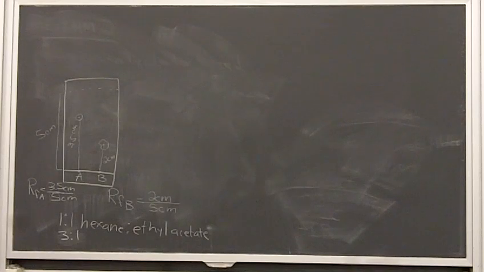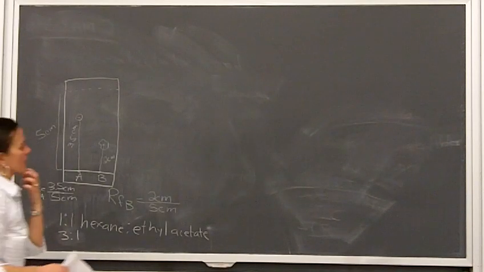So for this week, we'll have a product standard, a starting material standard, and your reaction, and you're using 1-to-1 hexane ethyl acetate. Each time you develop a TLC plate, the RF values should be fairly consistent with each other because it's a consistent system. But if you change the eluent, then you've changed what those RF values are going to be. All right?